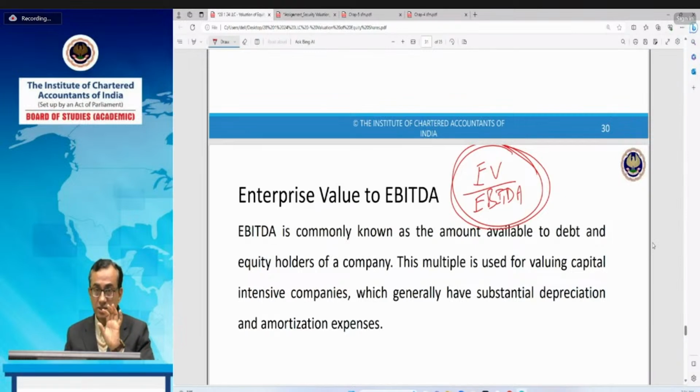Therefore, EV upon EBITDA is used for capital intensive companies, which require more capital, as in the case of manufacturing companies which use their capital in the purchase of fixed assets and have substantial depreciation and amortization. So this ratio, enterprise value to EBITDA, is beneficial in case of those companies which are capital intensive.